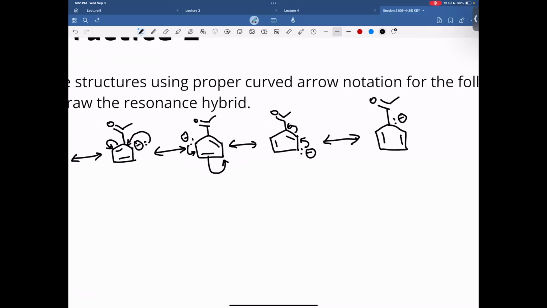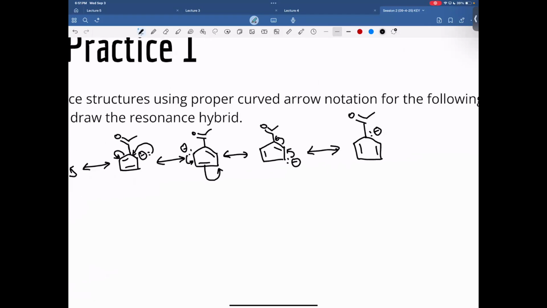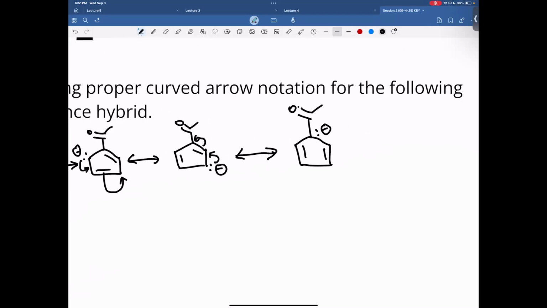And then from here, you can take these electrons and do resonance patterns with this carbonyl group. So take these electrons, make it into a double bond, and take one of these pi bonds from the oxygen and place it on top of the oxygen.